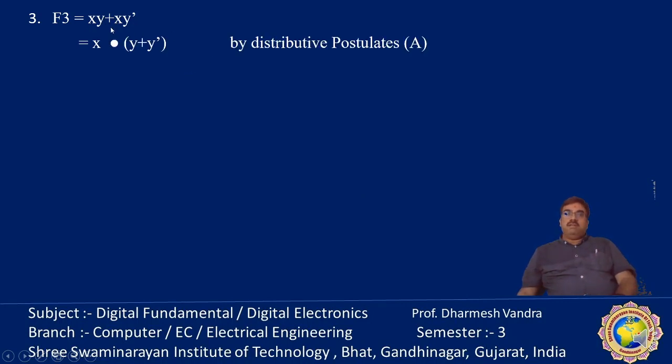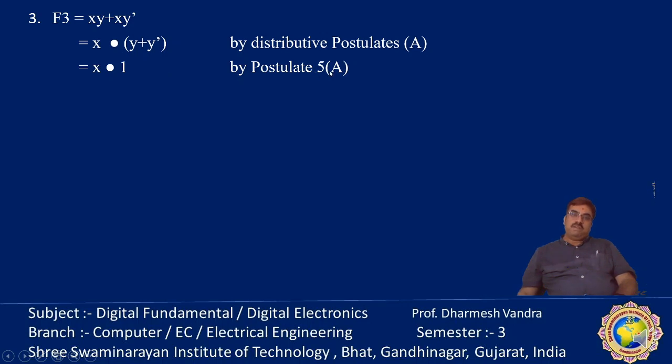As per the distributive postulate A, we applied here, so we can say that x is common, AND y OR y dash. We know that for y and y dash, if y is 0, y dash is 1. If y is 1, y dash is 0. And in the OR operator, if any one is 1, the result is 1.